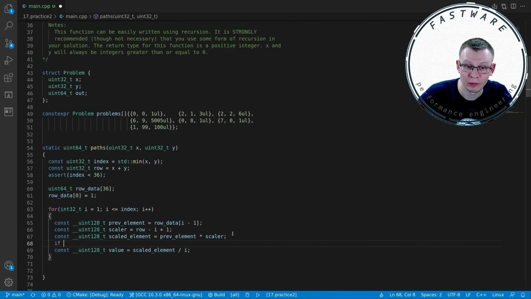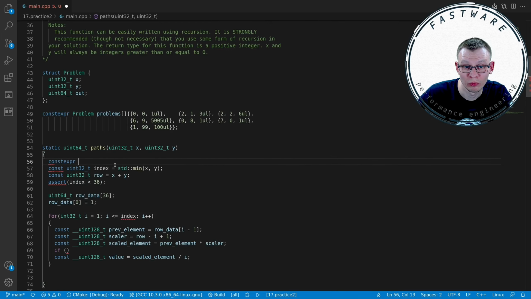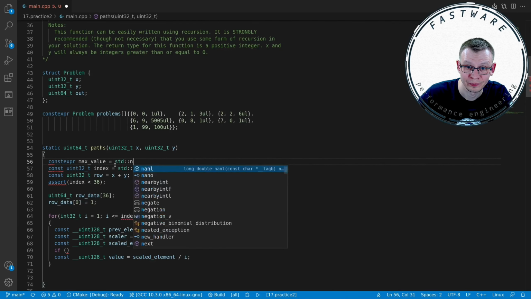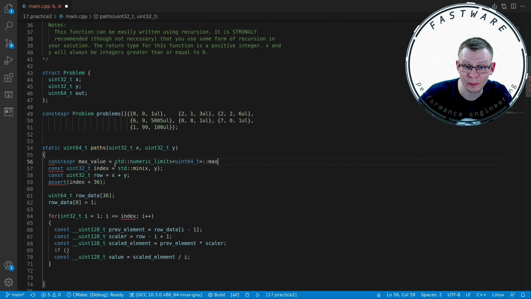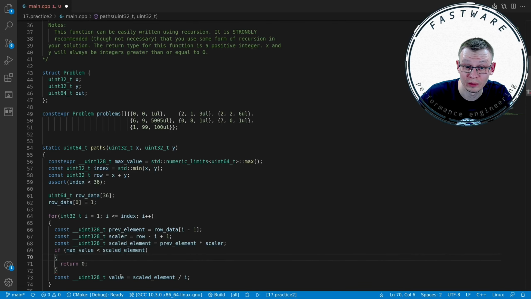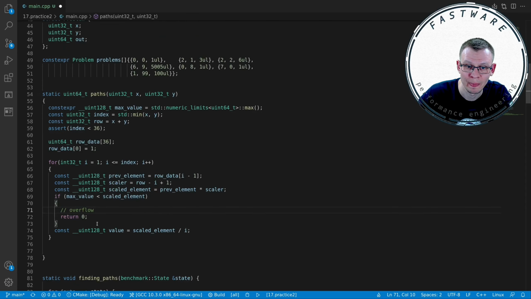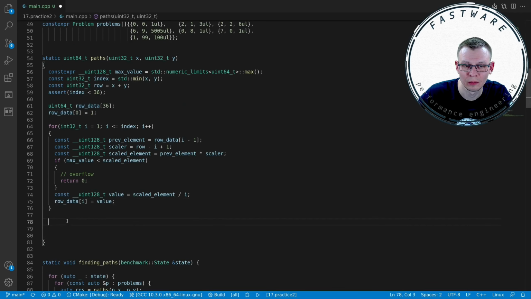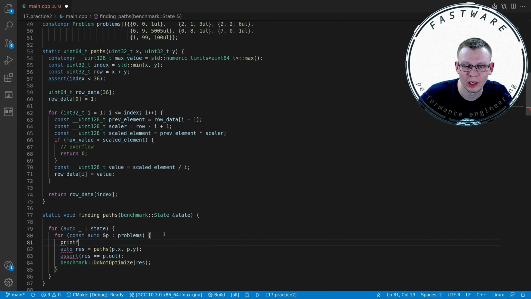I take from numeric limits the maximum for uint64, as you can see happening on the screen right now, and I compare the scaled element with the maximum value, saying if the scaled element is larger than the maximum value, we have just overflown. Right, so now I just need to store the computed value and I can return the data. Hope this algorithm is simple enough so you can understand. There is some weirdness, I admit, but it should be pretty understandable.